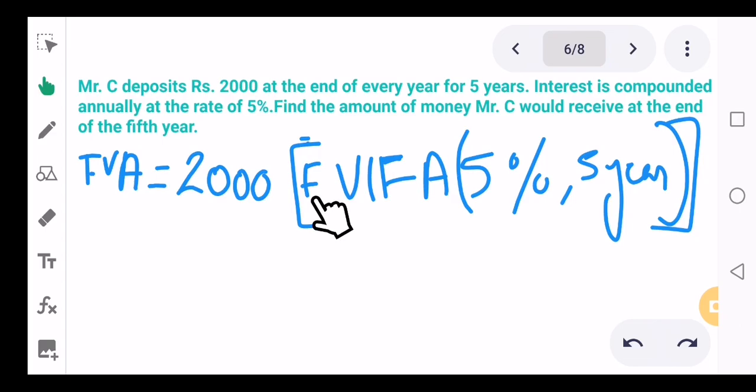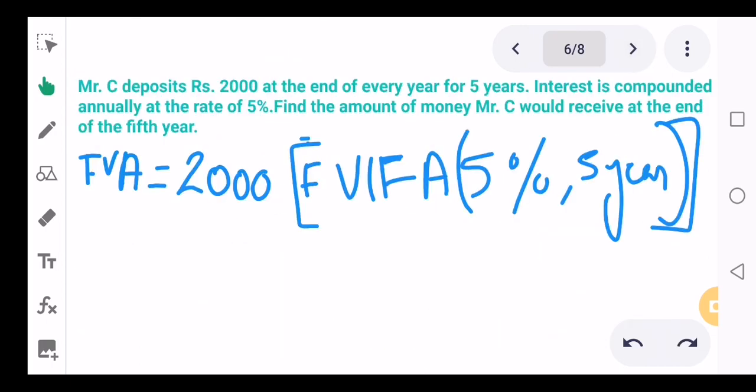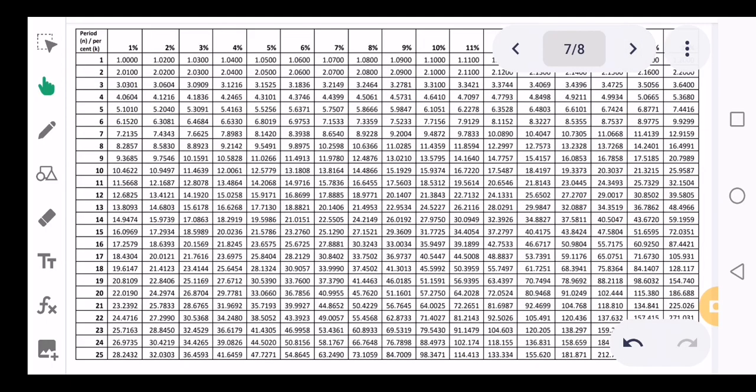Before, we were seeing the future value interest factor of single cash flows, but this is in case of annuity. So in case of annuity, we have another table, called the future value interest factor of annuity. Please do not get confused between that table and the single cash flow table. The single cash flow table is only for single cash flows.